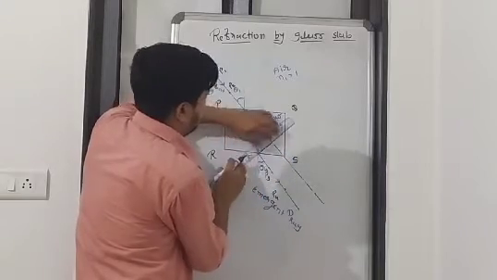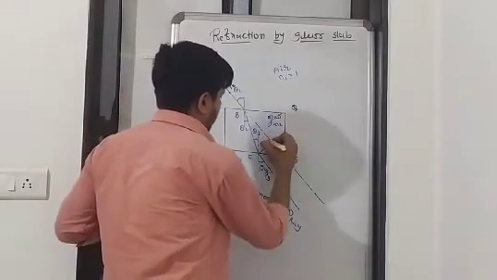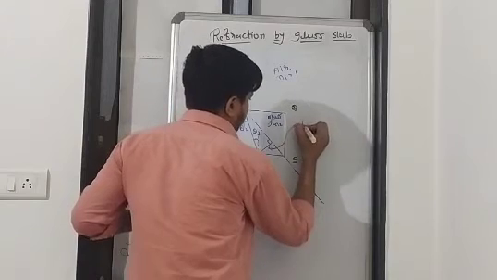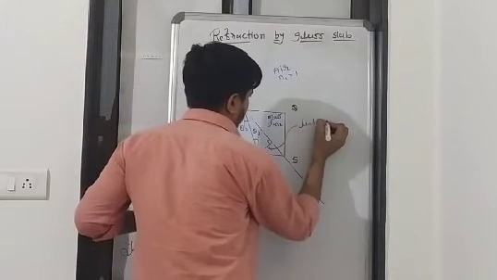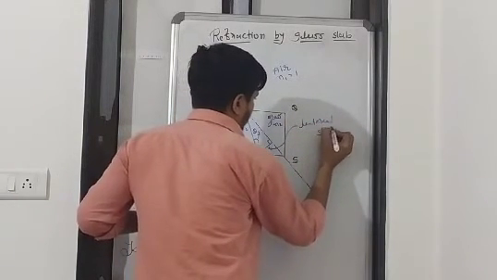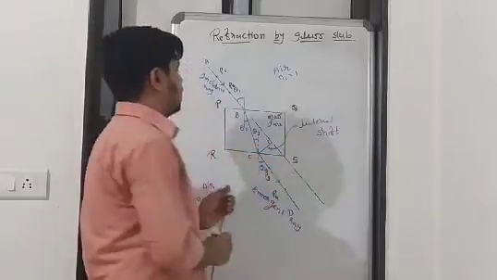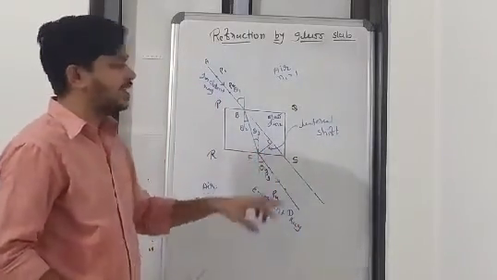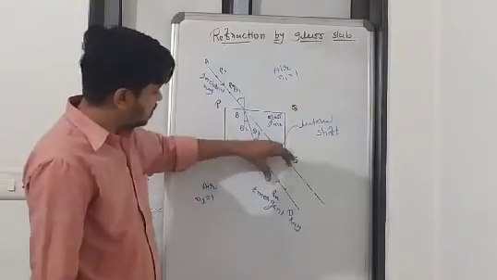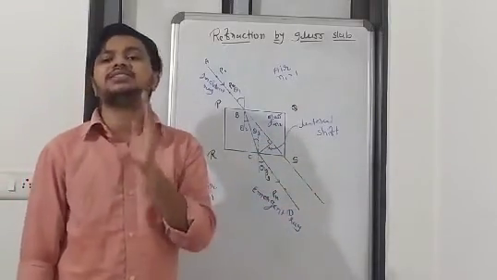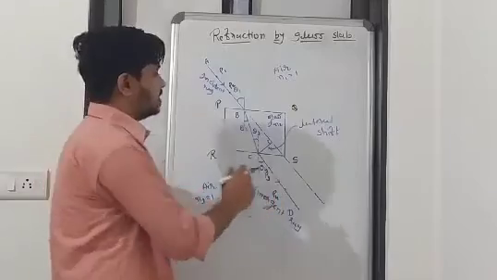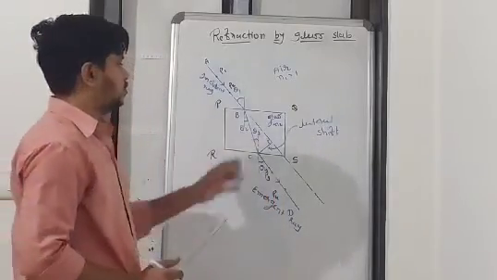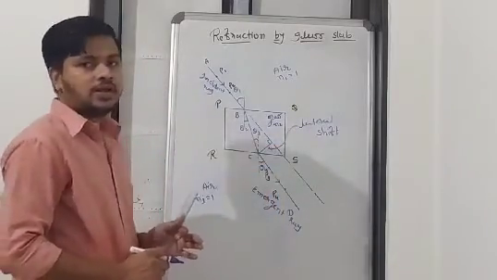Here is the displacement, and this displacement is known as lateral shift. You can easily see two rays which are parallel to each other. They are going in the same direction but displaced by some distance, which is known as lateral shift.